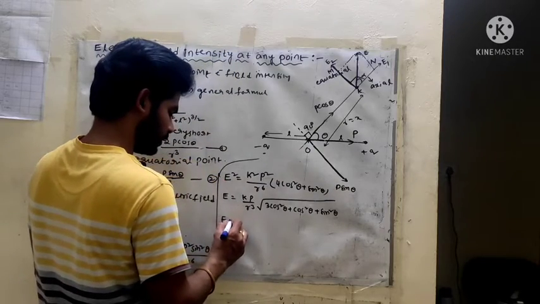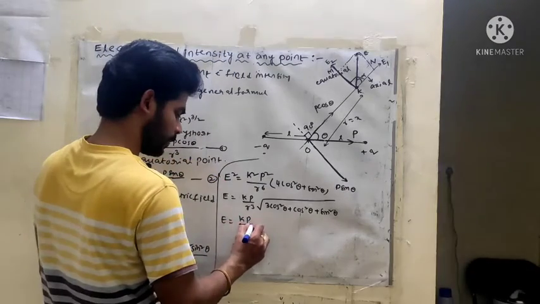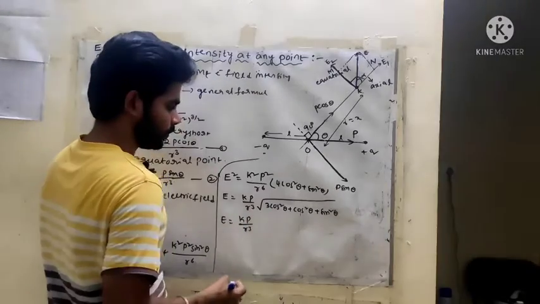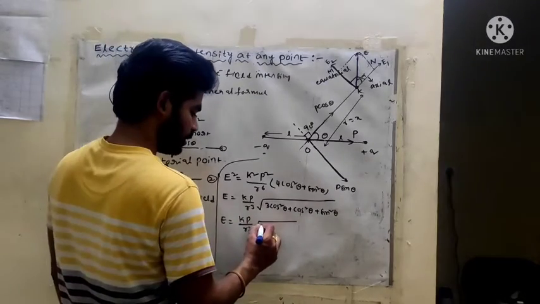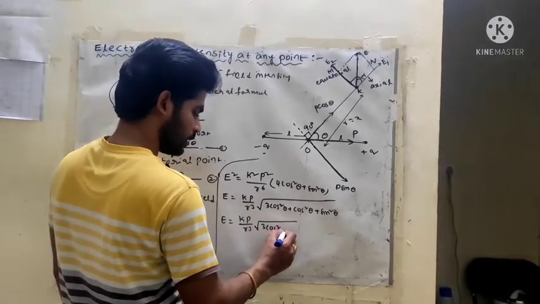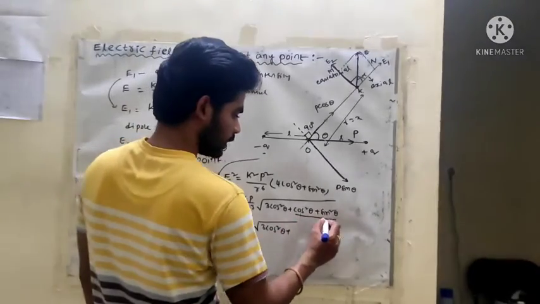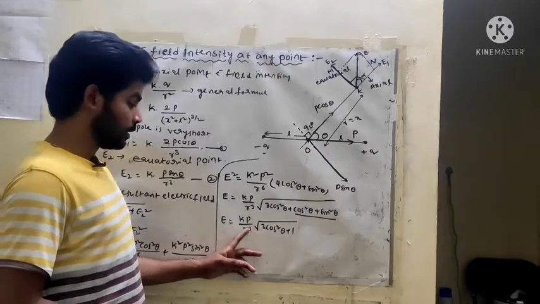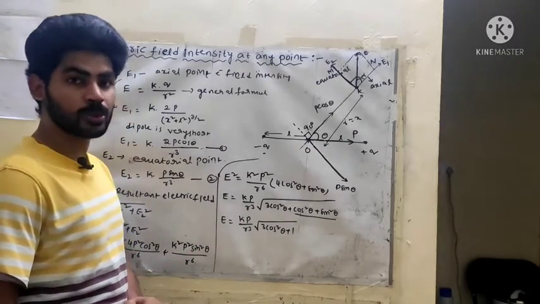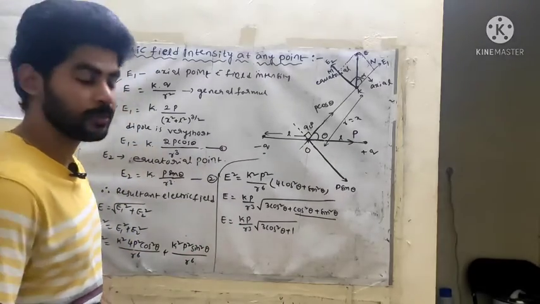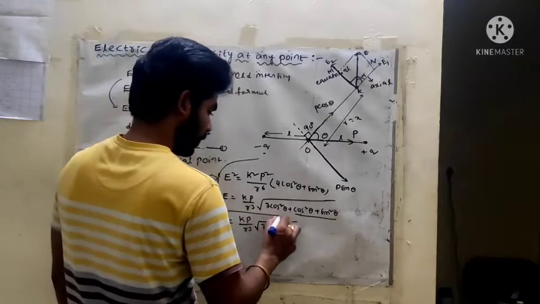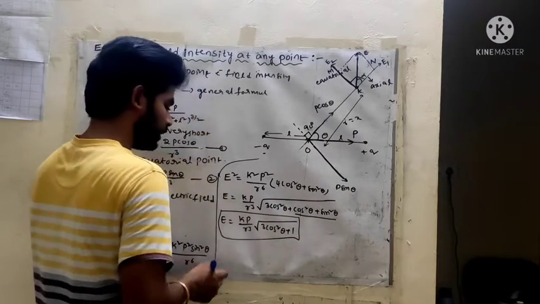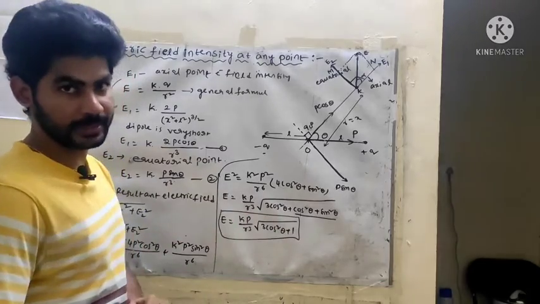So this is kp by r cube, and what remains is 3 cos square theta plus cos square theta plus sin square theta, which is 1. We can write it like this: kp by r cube into root over 3 cos square theta plus 1. This is the resultant electric field intensity at any point.